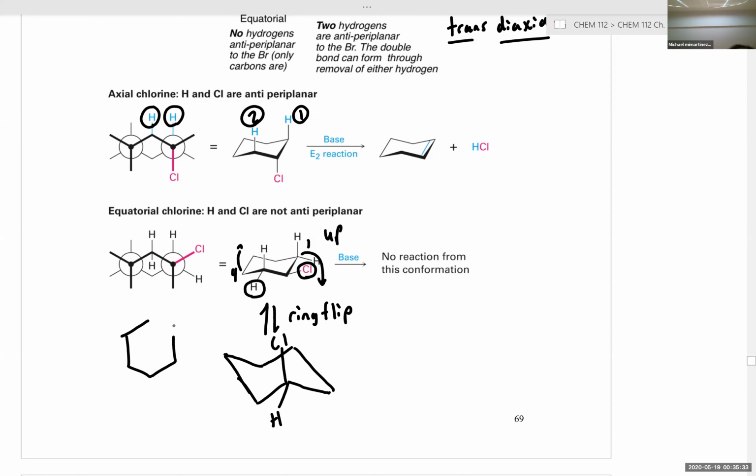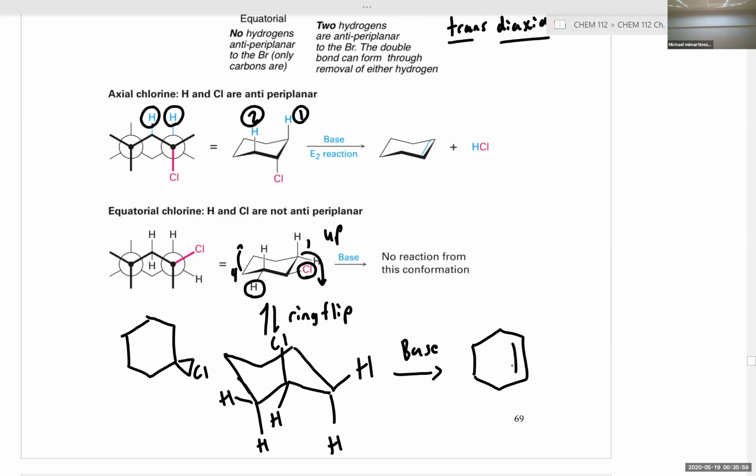This compound looks like this. Chlorine is up. After a ring flip, we have a chlorine that is axial up, and now we have two anti-periplanar hydrogens. And so in the presence of a base, we can see a reaction to generate our elimination product.